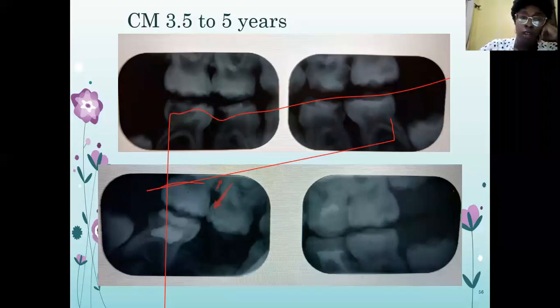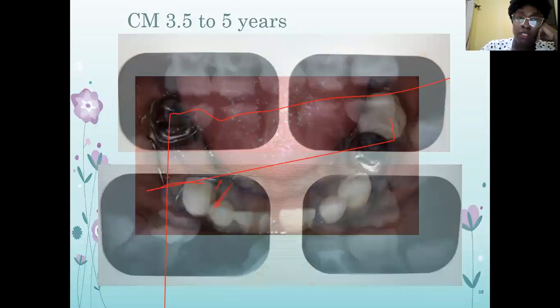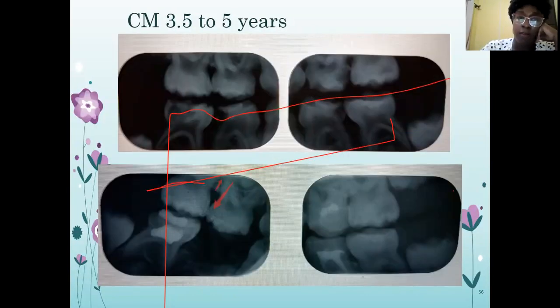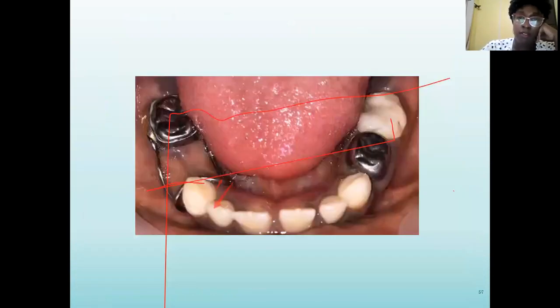So I was able to do a pulpotomy on it, and pulpectomies on the 7-4. She got the 8-4 extracted somewhere else. So after restoring, putting on a stainless steel crown, we were able to put a space maintainer. This was when she was about 5 years old.